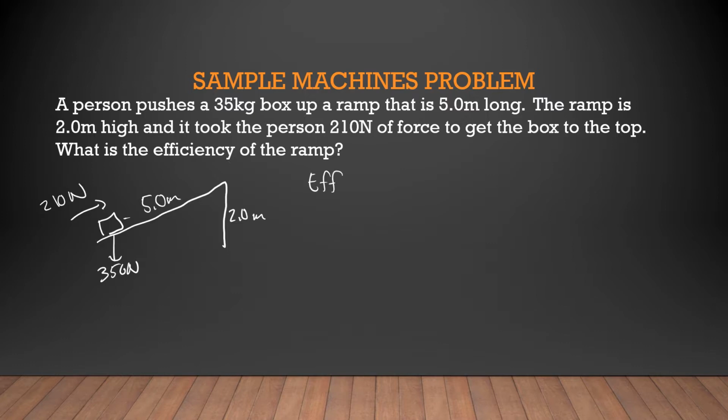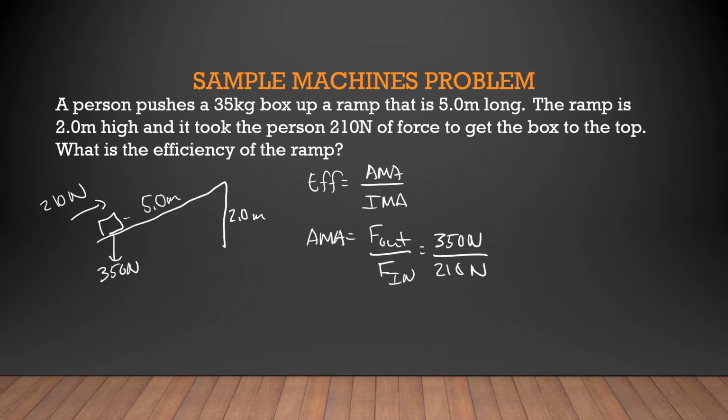Again, efficiency is the actual advantage divided by what we're hoping to get, the AMA. The actual advantage is the output force over the input force. In this case, the output force is lifting the object up in the air, so 350 newtons. The input force is the 210 newtons we put in.